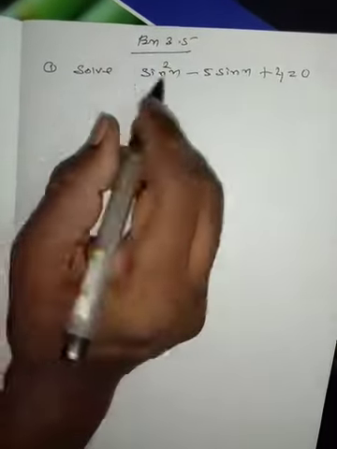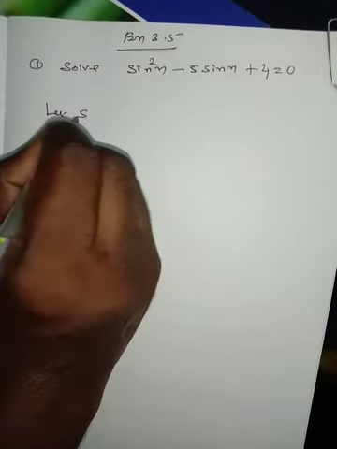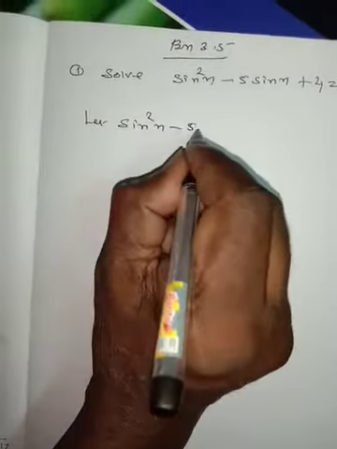This is a quadratic equation in sin x. Therefore, let sin square x minus 5 sin x plus 4 is equal to 0 be given.